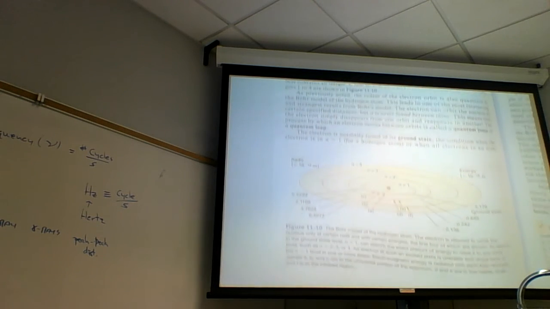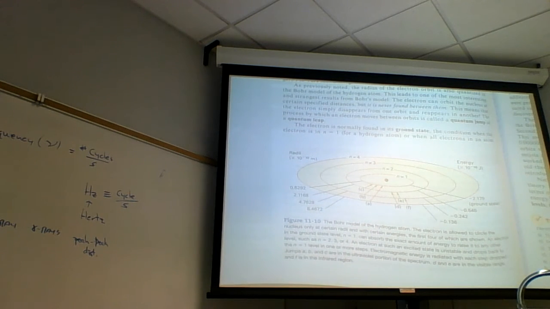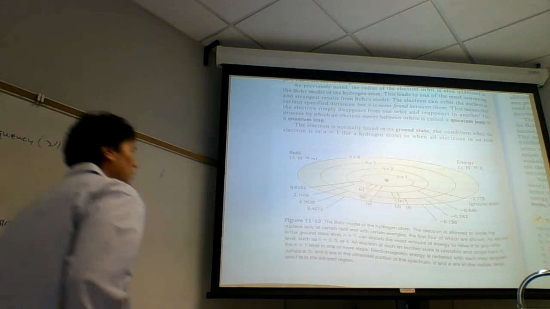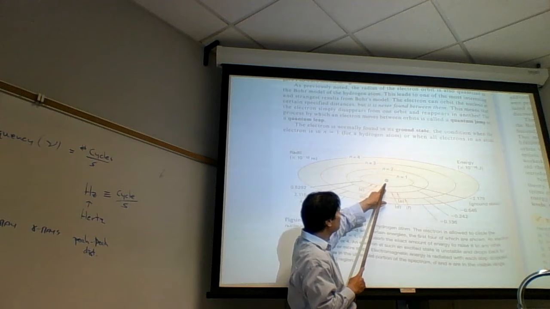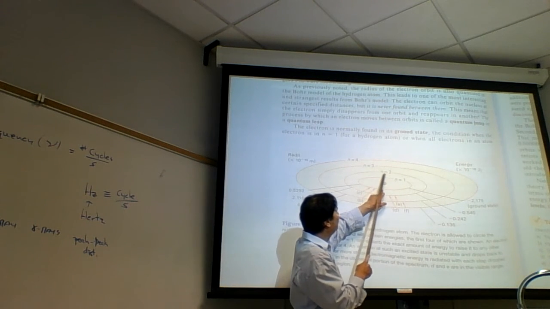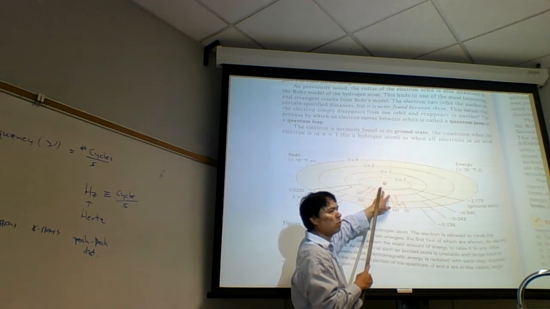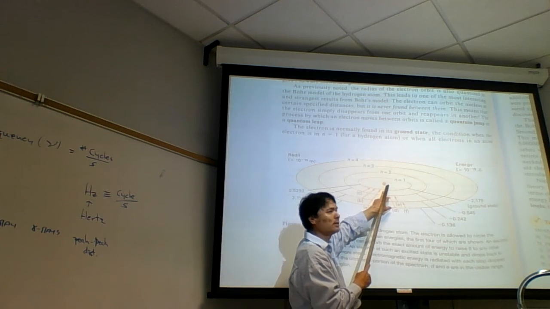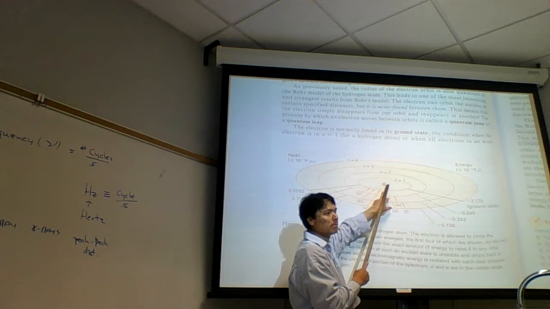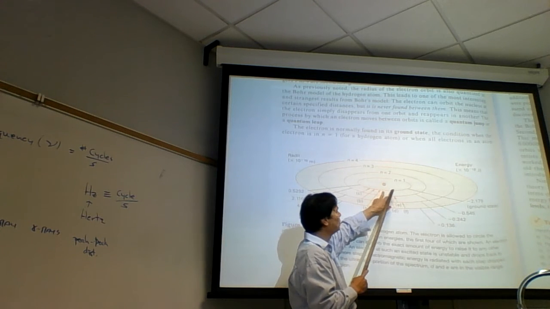Bohr likened those steps to radii. They don't have to be in a plane like this. And so he said the first step would be called the first Bohr orbit. And so this is like the moon or the Earth orbiting the sun, or a satellite orbiting the Earth.